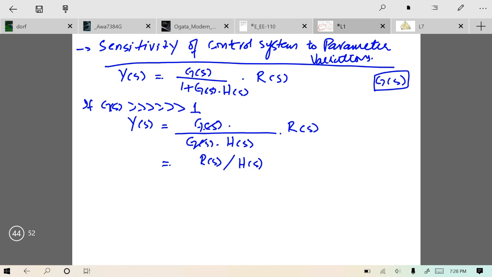Obviously this is not practically possible, that G of s is very much greater than or equal to 1. However, you can see the property of a feedback system, that if you have a G of s sufficiently large, then you can reduce the sensitivity of the system to smaller changes in the atmosphere. Making G of s very much greater than 1 is an expensive process.